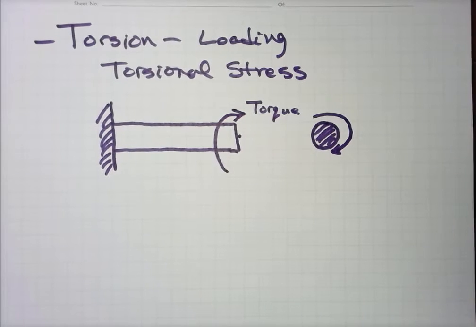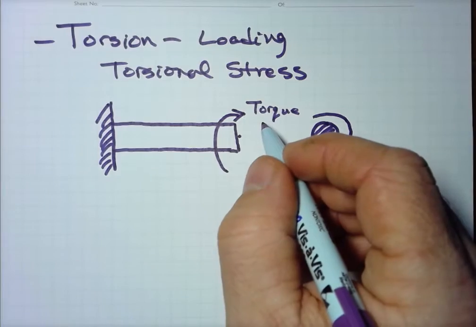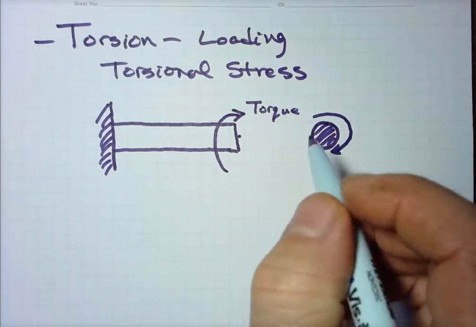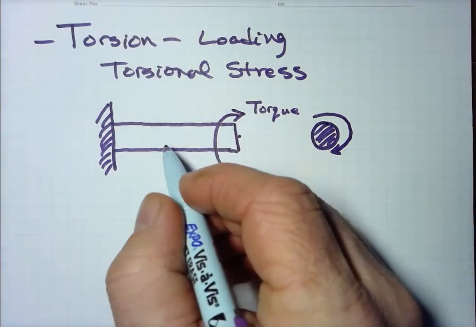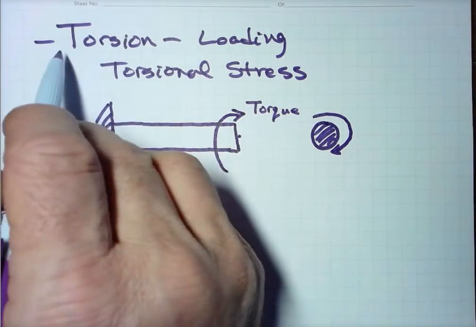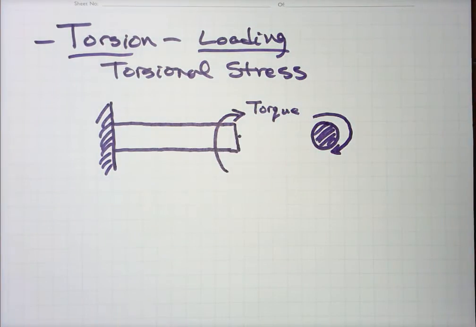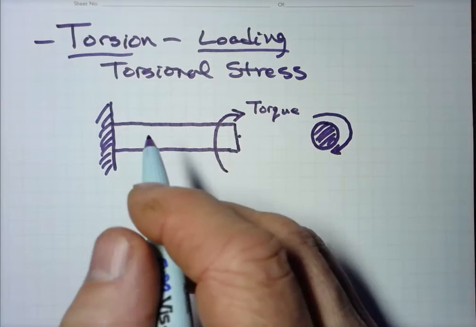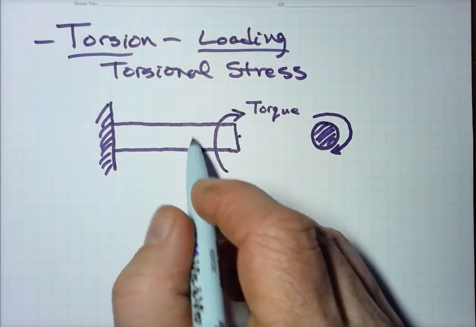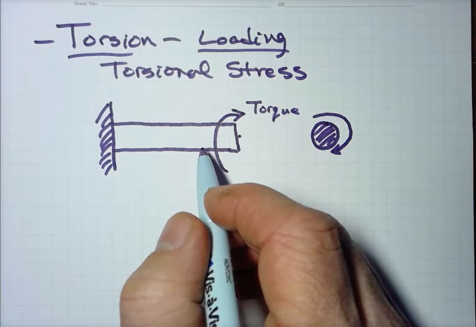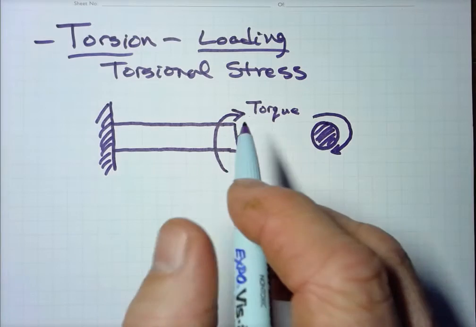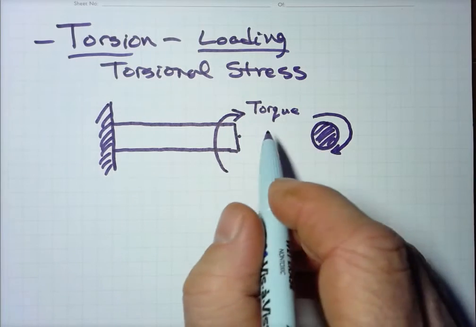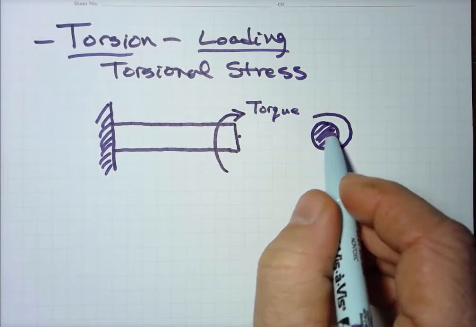Well, when we twist in this manner, it applies a torsional loading, that's what it is, and there is a stress applied to the shaft. And this stress is parallel to the cross section.